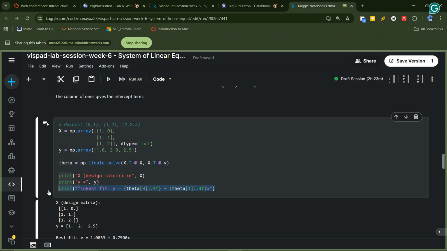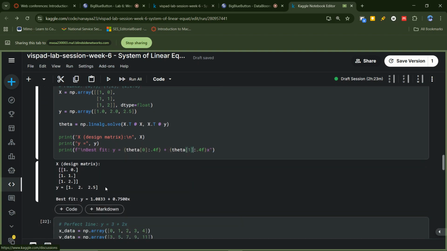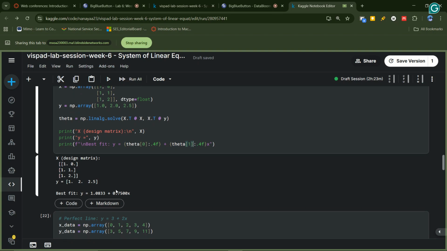So we are trying to find the unknowns, and the unknowns over here have elements theta naught and theta 1. And that is what happened here. I hope you are following. So over here we said the best fit is y equal to 1.0833 plus. That is it for this.